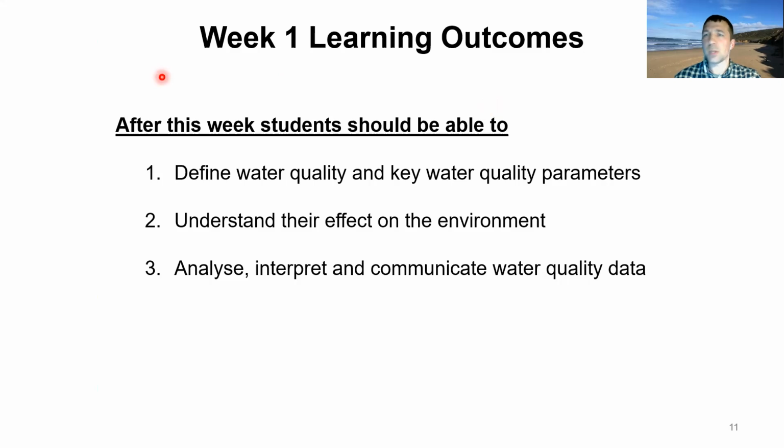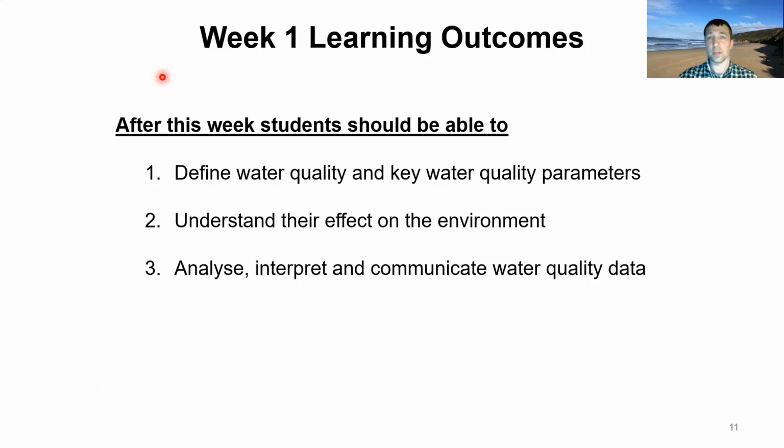Okay, so this brings us to our learning outcomes for week 1. We're broadly talking about water quality, and there's 3 things we want to focus on. First, we will define water quality and discuss some key water quality parameters.